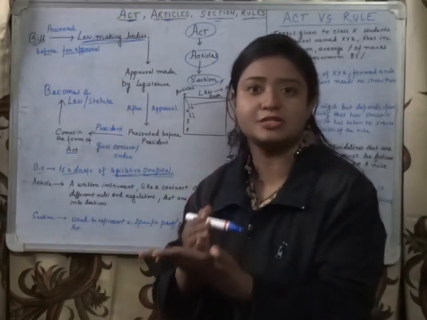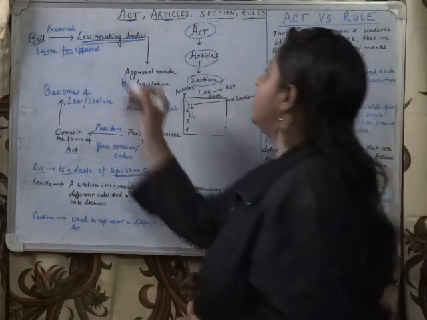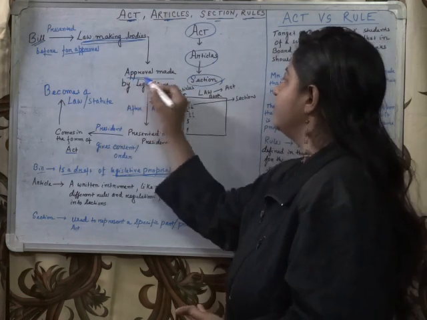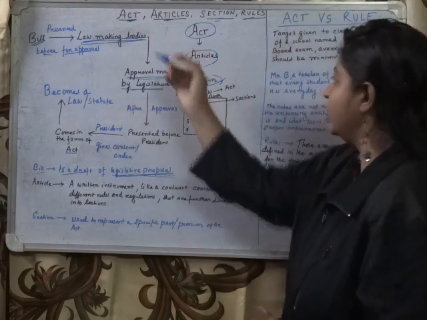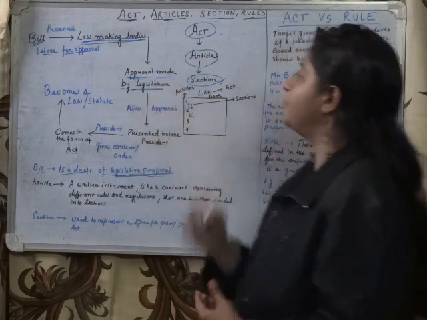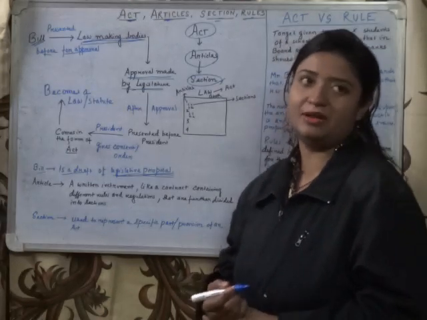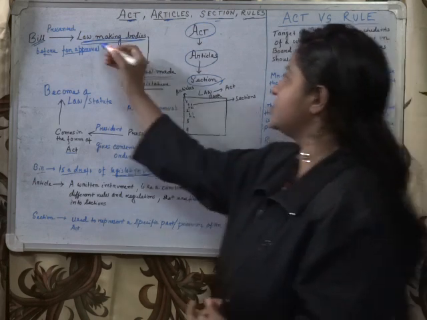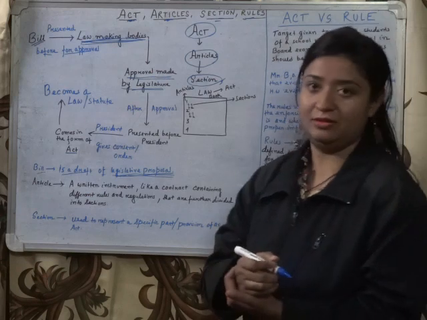This is the first step of making the act, right? When the law-making bodies give the approval, approval made by the legislature, they say yes, we can finally send the bill for making the act. So this is the first step, that the law-making body will approve the bill.